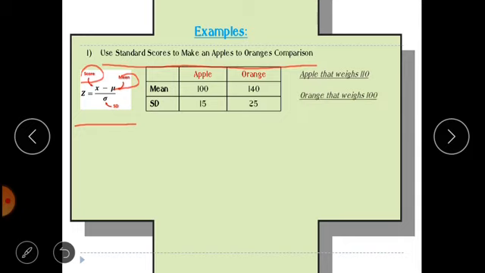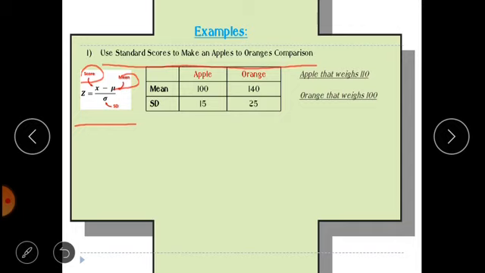And then sa orange naman, meron tayong 100 weight. So example lamang ito, class, okay? So kapag i-compare natin yung raw values, talaga naman na mas mabigat yung apple kaysa sa orange, 'di ba? So however, let's compare yung standard score na meron sila.